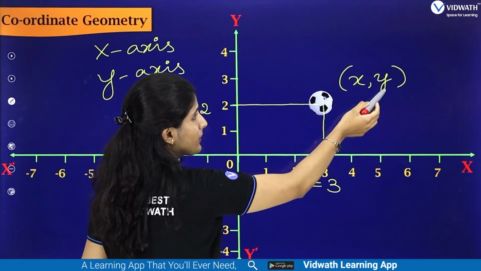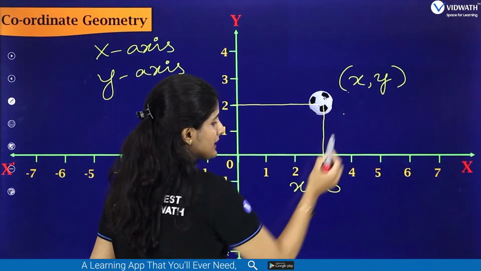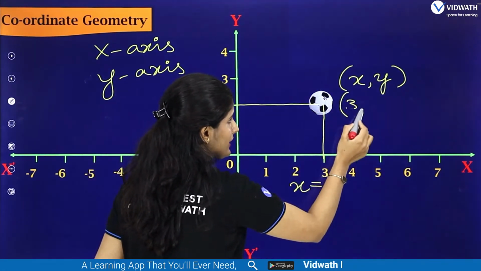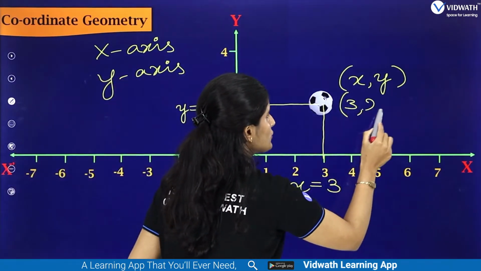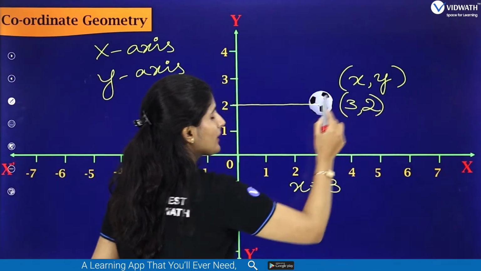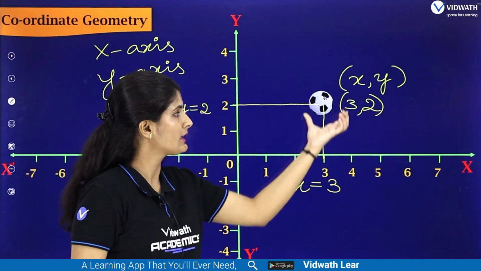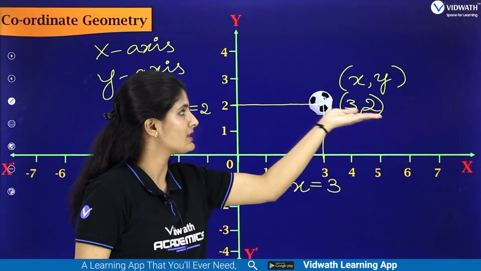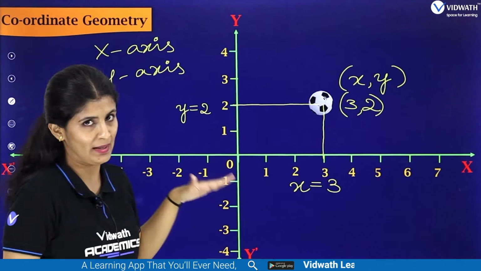This value y is called the y coordinate. The x coordinate in this case is nothing but our point 3 and the y coordinate in this case is nothing but our point 2. So this ordered pair that you see written inside small brackets, (3, 2), gives us the exact location of this ball on the plane.